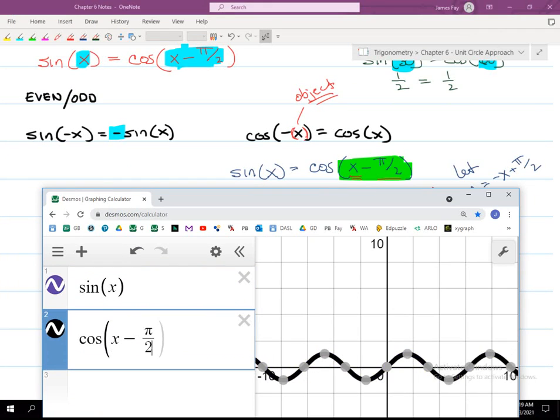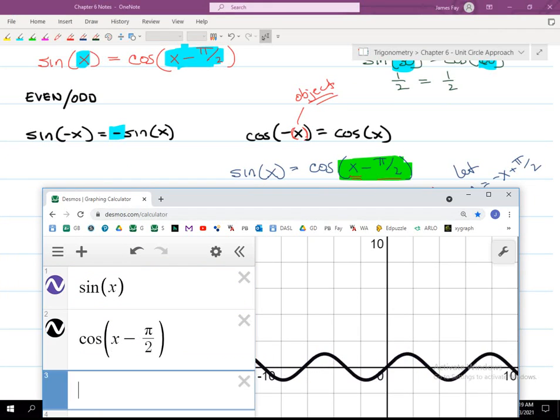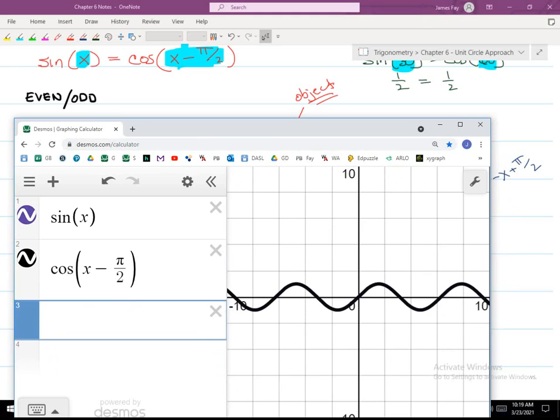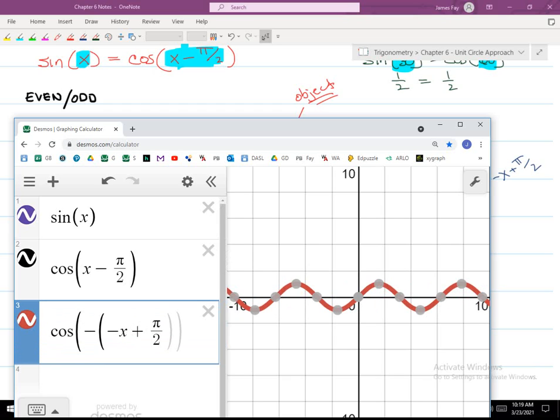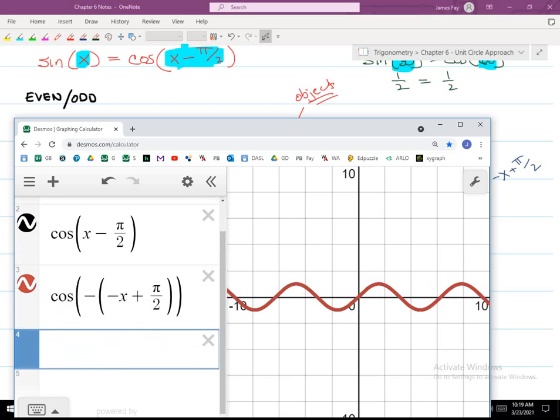Just want to see if those two things equate. So they do equate, because I can see that they are graphed on top of each other there, right? Okay. Then we rewrote that as the cosine of negative x plus pi over 2. And I want to know, is that okay? Well, toggle back and forth. It is the same as what was written above, right?